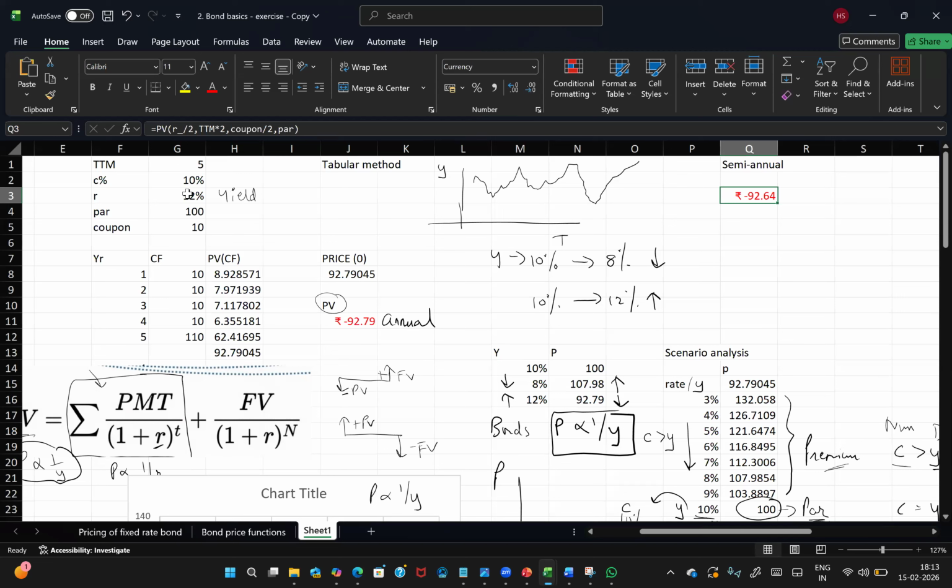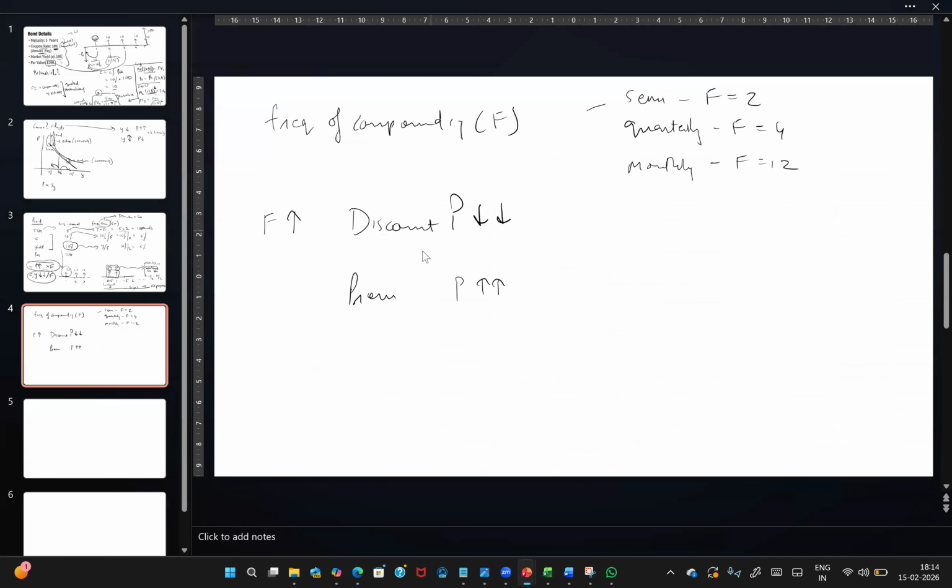If I were to make the yield 8%, note that annual is giving me 108, but semi-annual is giving me a bigger price, 108.11. And that is the impact of frequency of compounding. Higher the frequency of compounding, more is the price fall for discount bonds, and higher is the price rise for premium bonds.